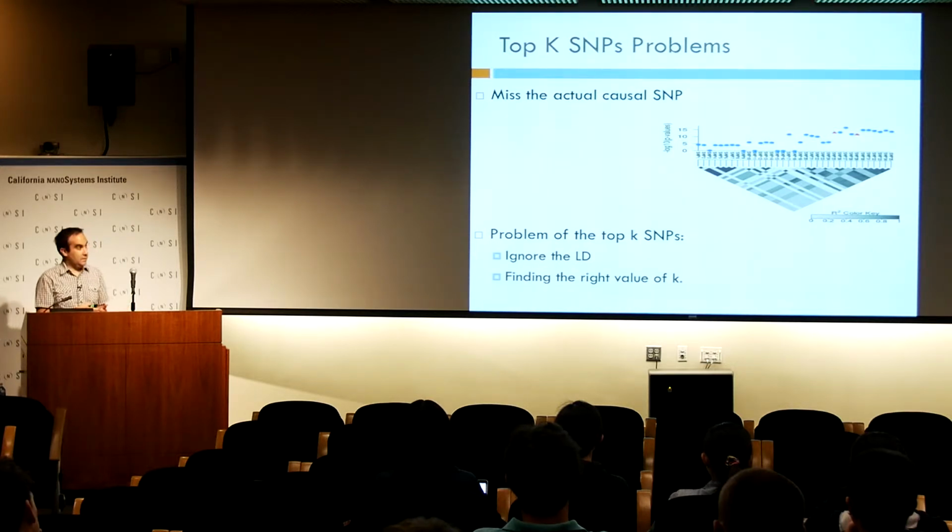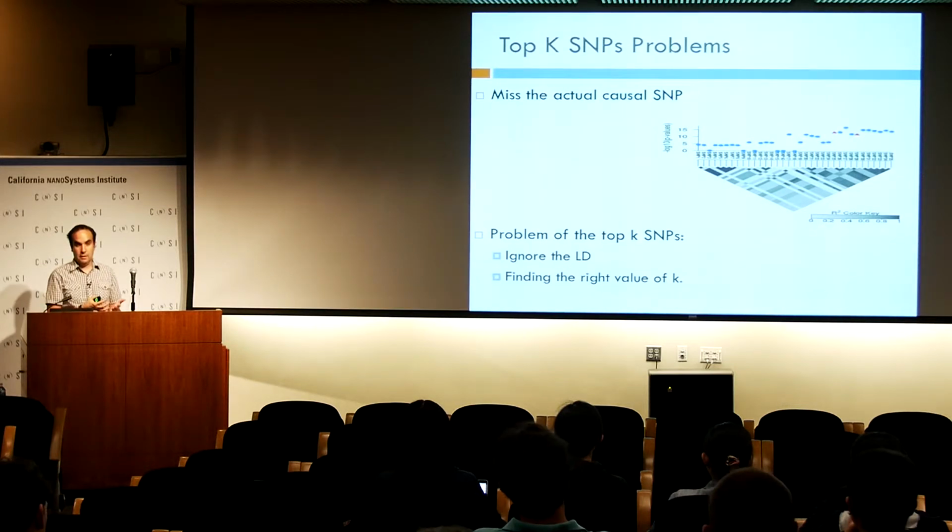I'm showing this example to show how unintuitive it is, because the interaction between multiple causal variants and correlation structure can produce really unexpected looking results. The problem is that it might miss the actual SNP, and it ignores the correlation. If things are correlated or not correlated, that should give you some information. And finally, how do you pick K? These are problems that have no real good solution.